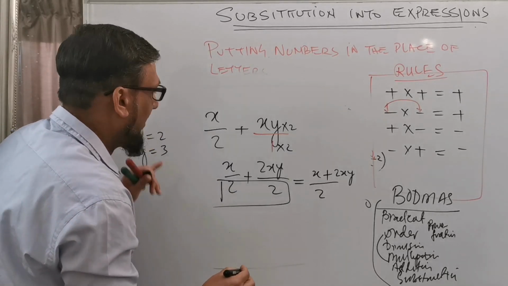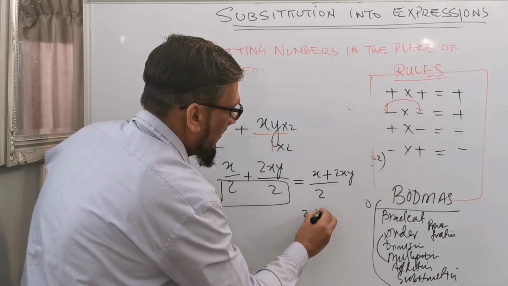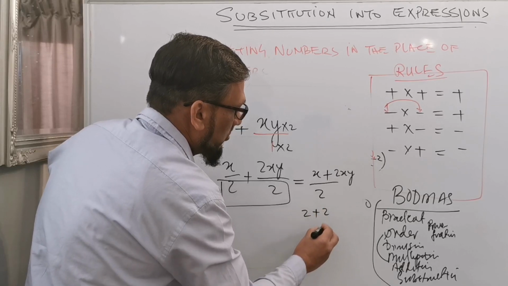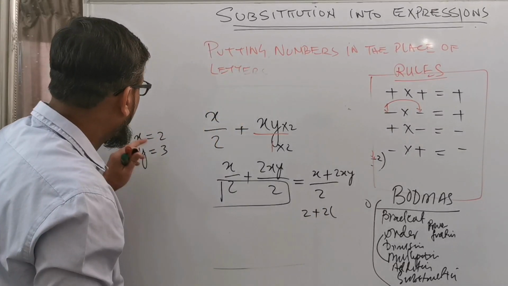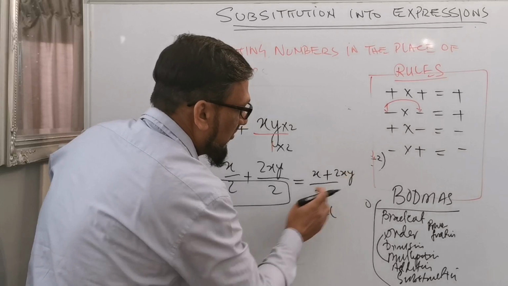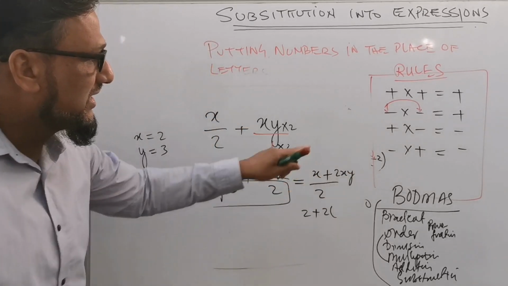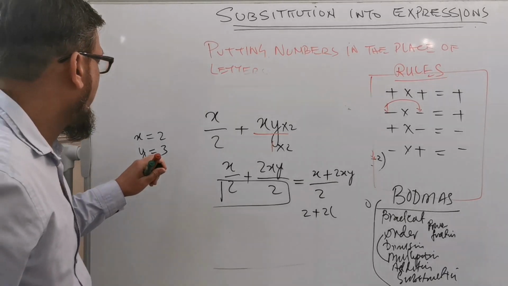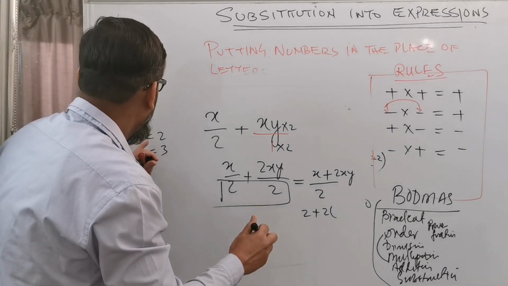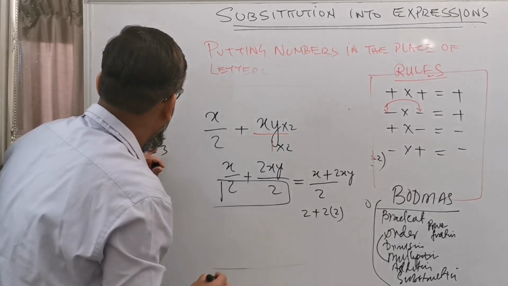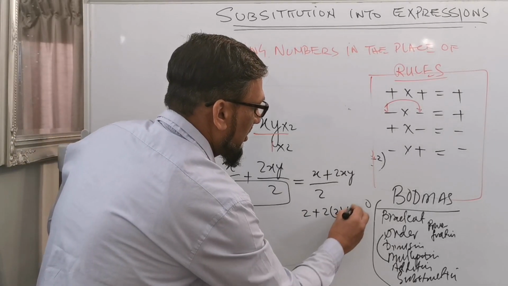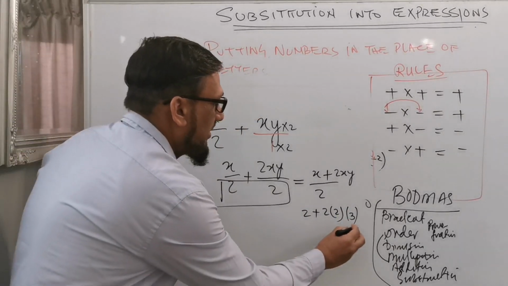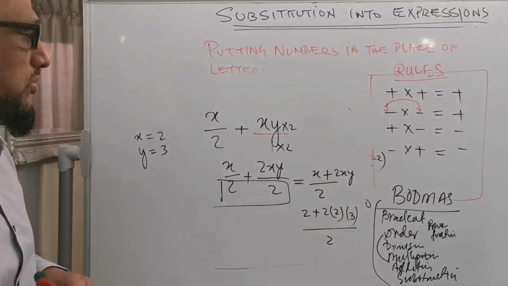So the value of x is 2, and 2 times x and y. xy means here x is multiplied by y. So x is 2 and y is 3, divided by 2.